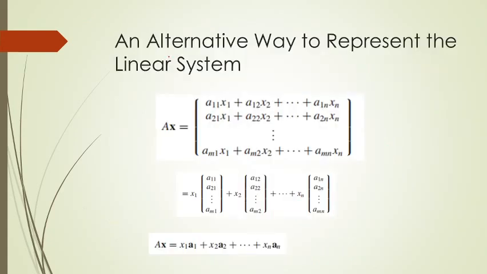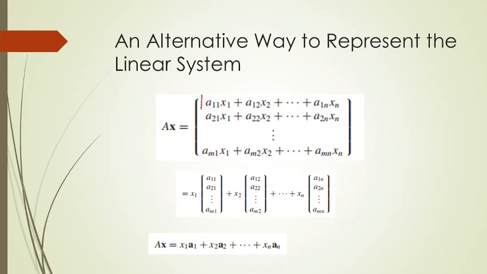So an alternative way to represent the linear system, okay, we can do it like this. We know AX is the first, second equation until the mth equation, right? Then we can let the first column be A11, A21, Am1.